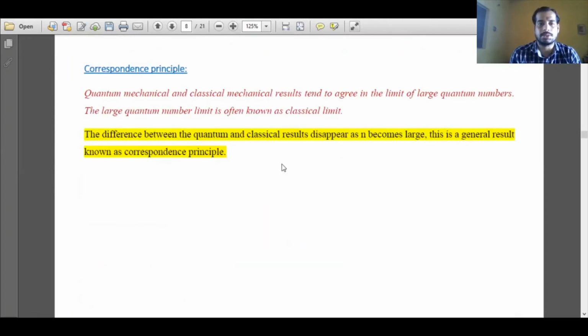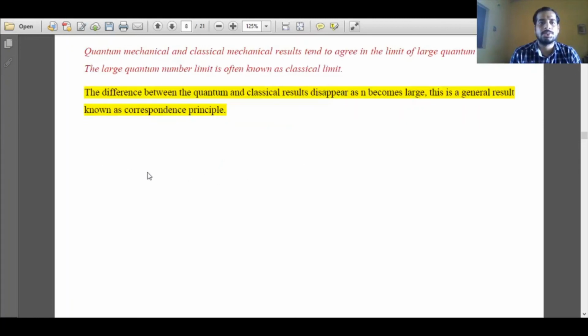Classical mechanics also says that within a box, the particle can be found anywhere from 0 to L. And when the quantum number increases to a large number, our quantum mechanical results also match the classical mechanical result. So the difference between quantum and classical results disappears as n becomes large. This is a general result known as the correspondence principle.